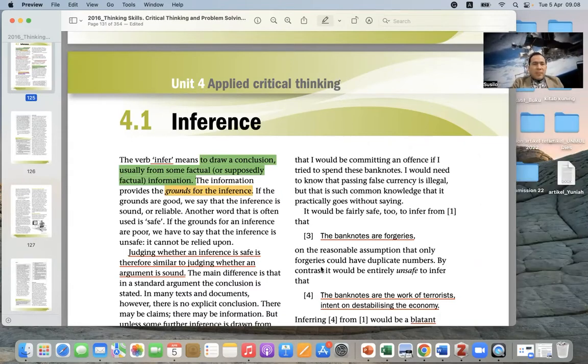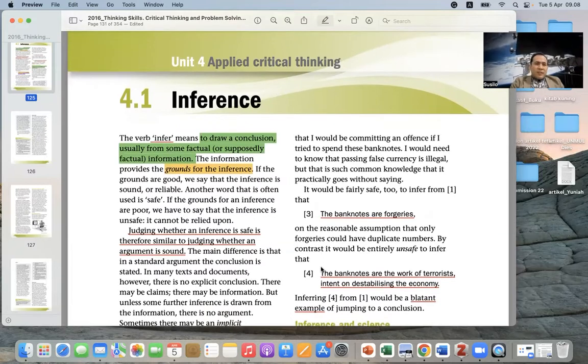Okay. So the first one is inference, as I wrote down in the lesson plan, and we have four different things today: inference, explanations, evidence, and credibility. The first one is inference.